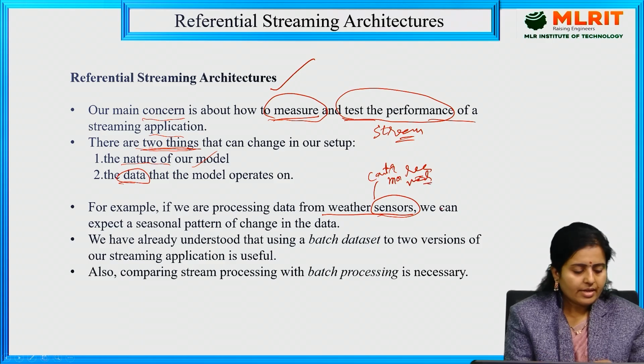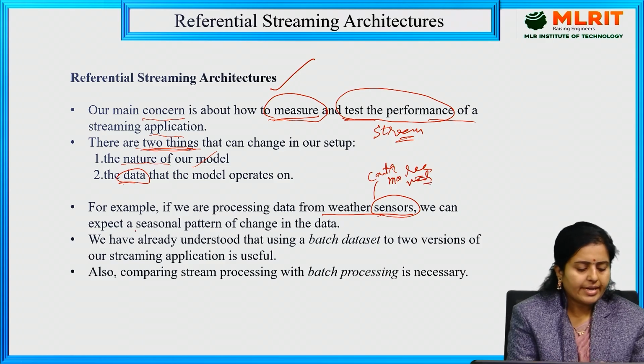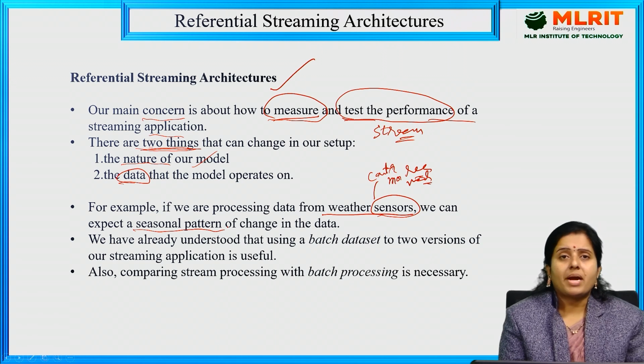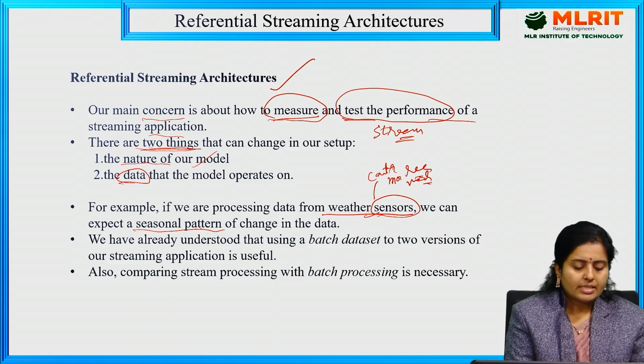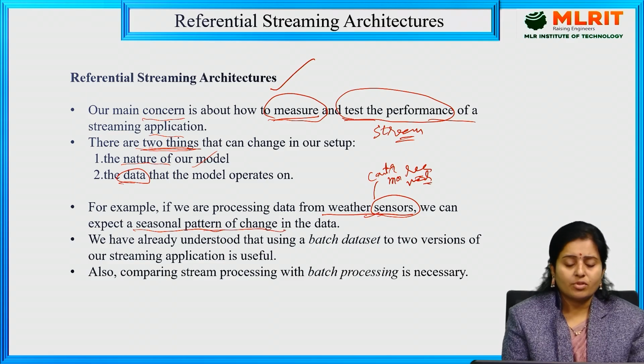So we can expect a seasonal pattern of change in the data. Why? Because with every season the data from the sensors changes. So that kind of data we have to focus more on.